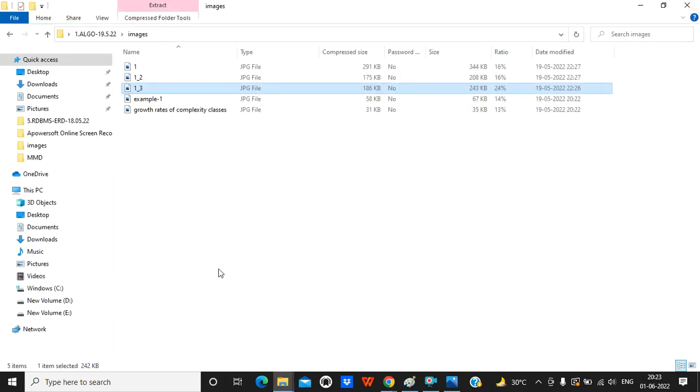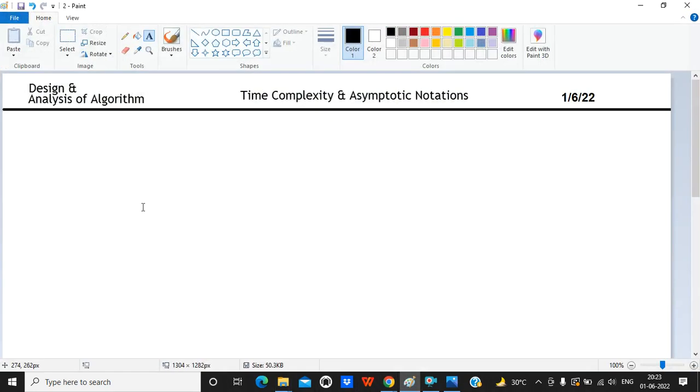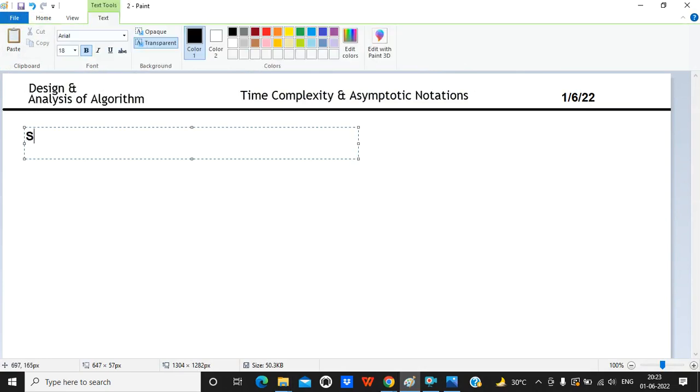Let's try to understand, what is an asymptote? I told you last class, asymptotic notations. So basically there are three asymptotic notations.